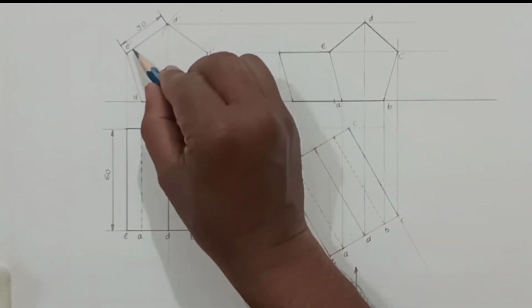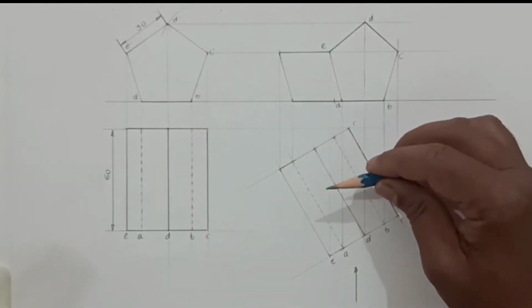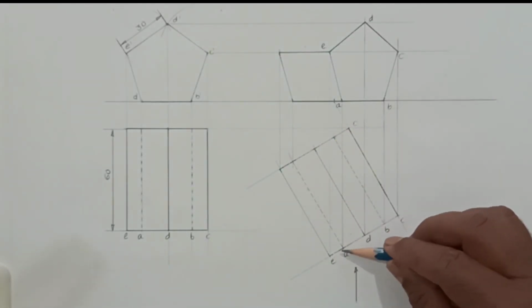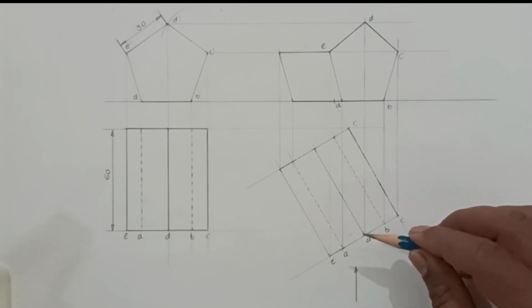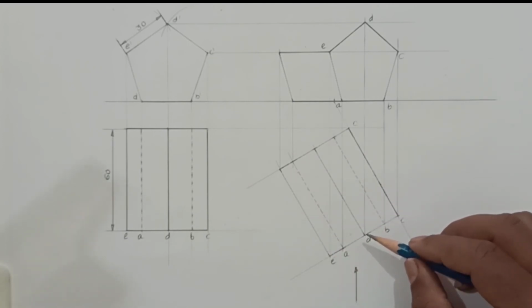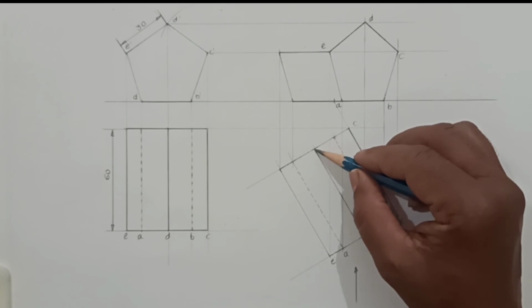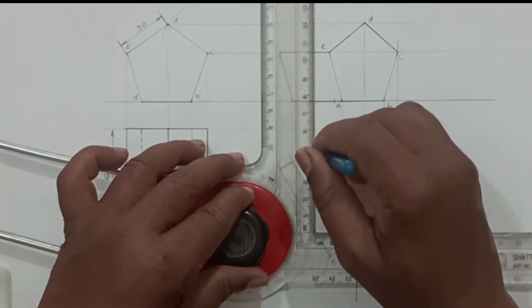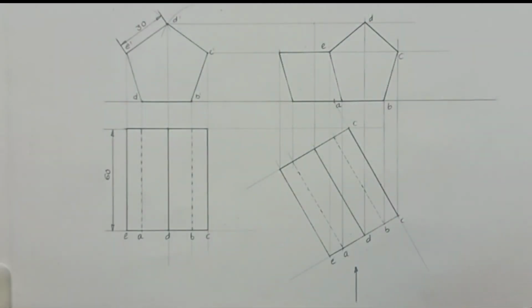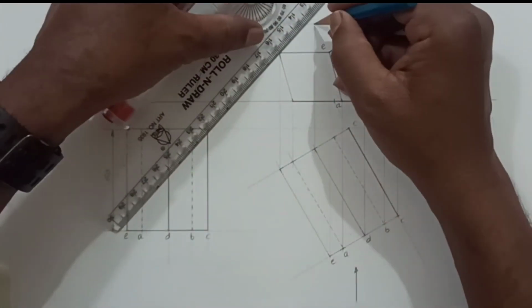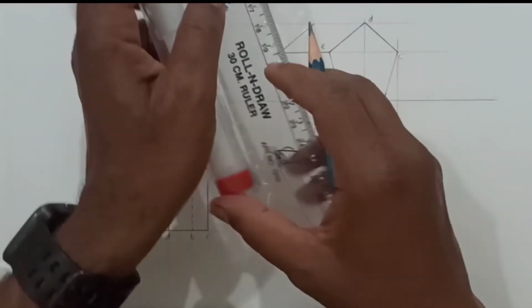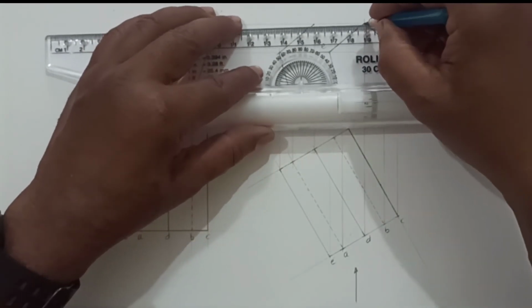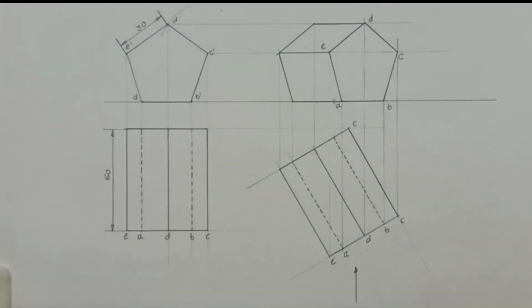Now consider this rectangular face ED, which is also visible. So locate the point D here, and through this D, shift it. Join these points. The visible faces are clearly shown.